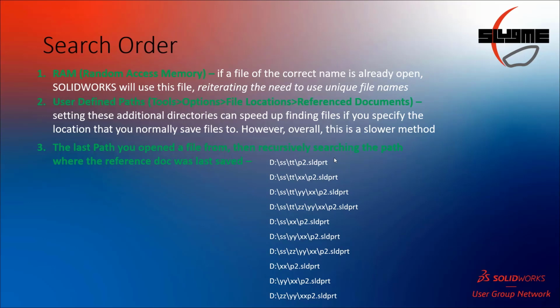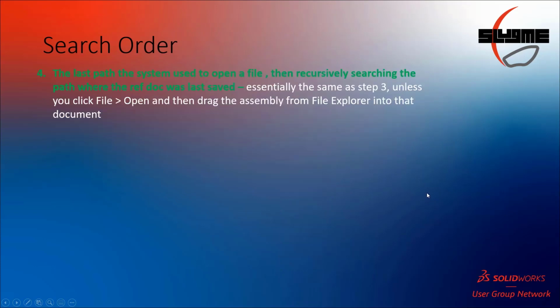It's kind of a little different thinking. As you can see in here, it's mashing them all together and trying to come up with a path where it can find your file.